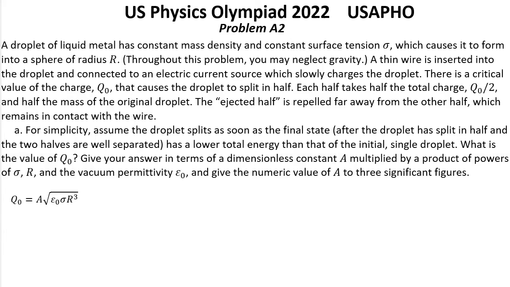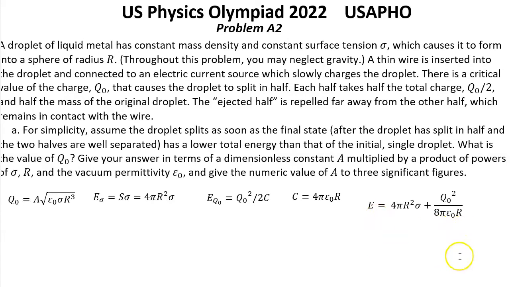To find the value of A, note that a droplet of radius r has a surface energy 4 pi r squared sigma, and an electrostatic energy Q0 squared over 2C, where C is 4 pi epsilon 0 r, the capacitance of a conducting sphere relative to infinity. Thus, the total energy of the drop is the sum of these two energies.